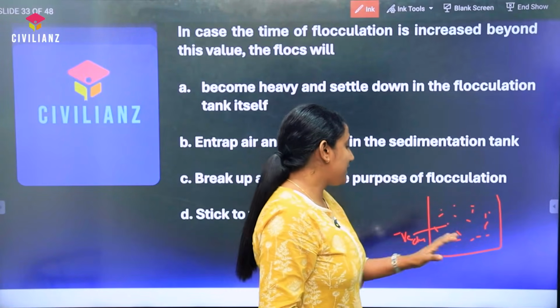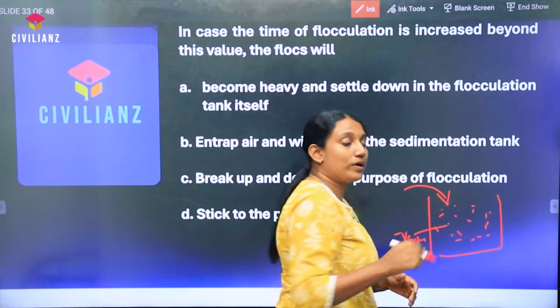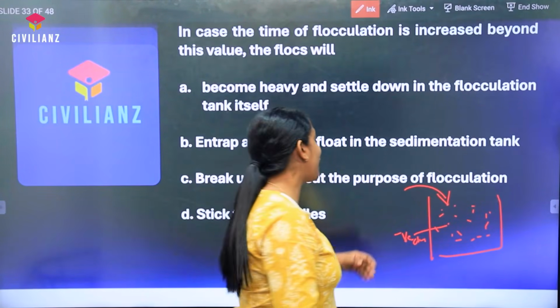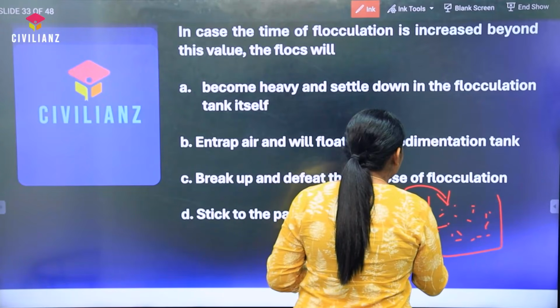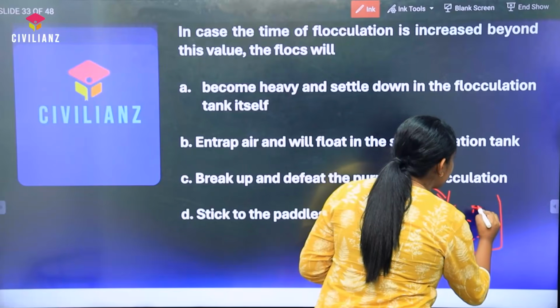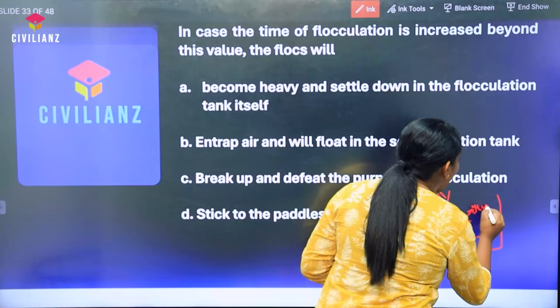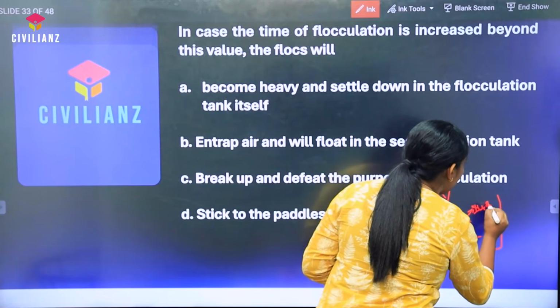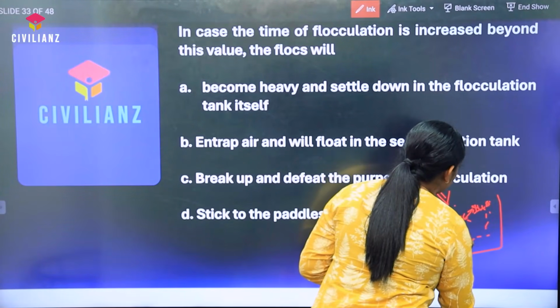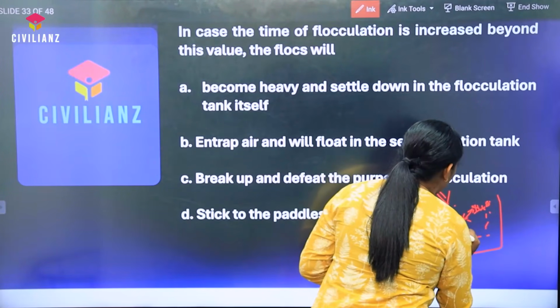So in this case, we add coagulant. What is the application of coagulant? The coagulant is positively charged, so the negatively charged particles and positively charged particles attract each other to form larger particles. That is the process behind coagulation.